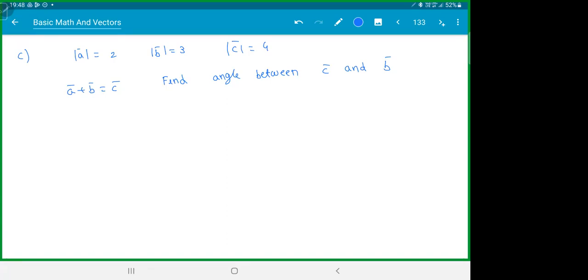Cos theta 1 by 4. Cos inverse 21 by 24. Okay, I got so many different answers. Yes, sir. 21 by 20.